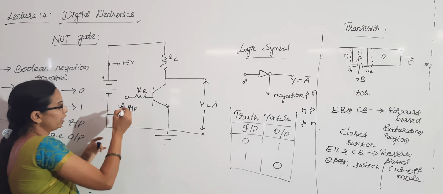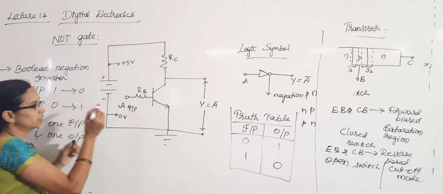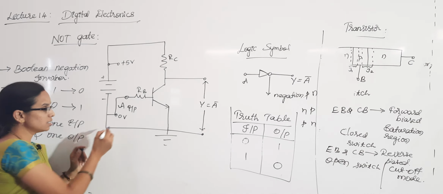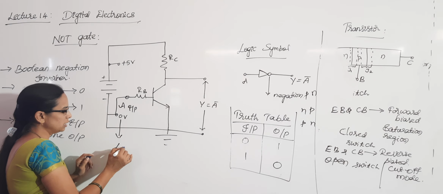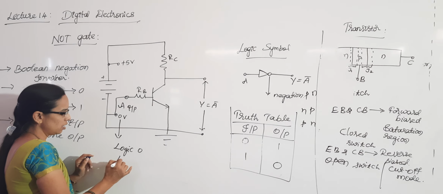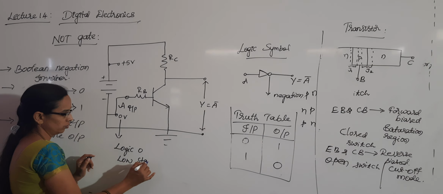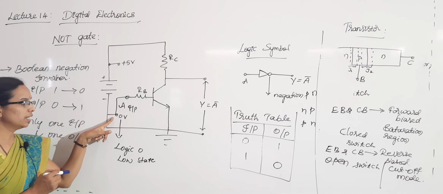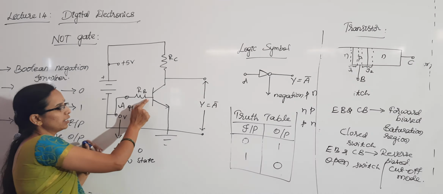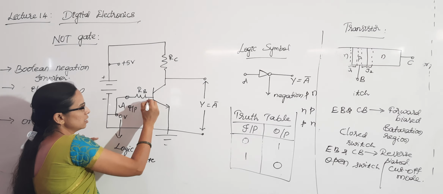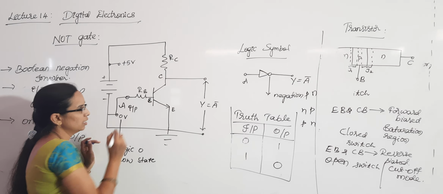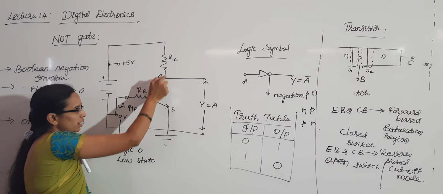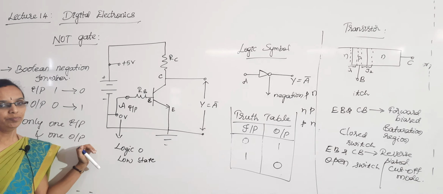Whenever the input terminal is connected to 0 volt, that is considered logic 0 or low state. The input is connected to the transistor's base; this is the emitter and this is the collector. Electrons will flow like this, current will flow like this.